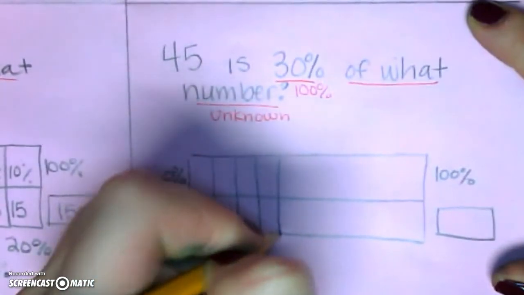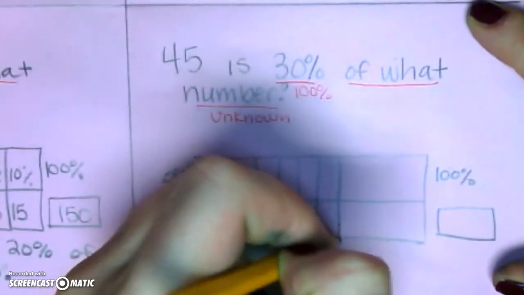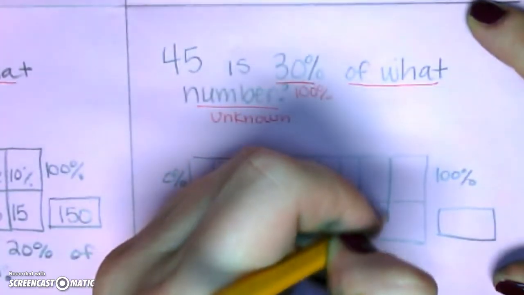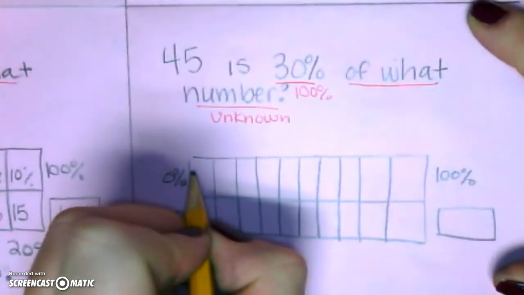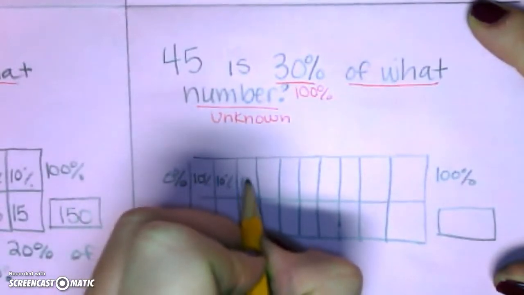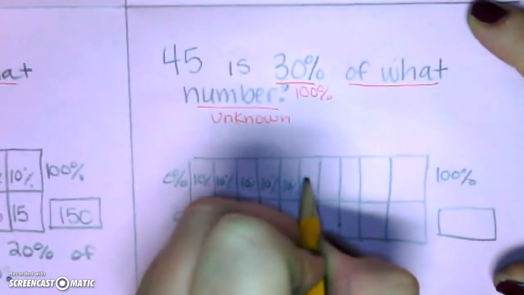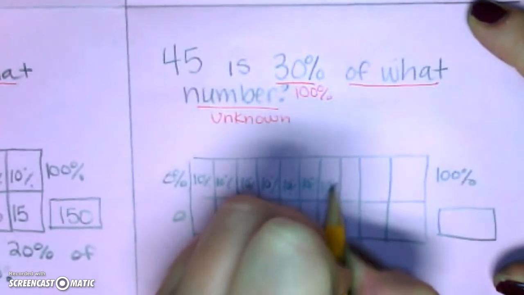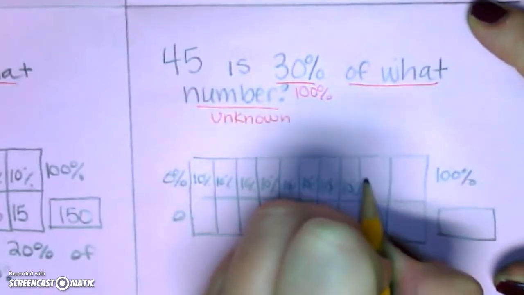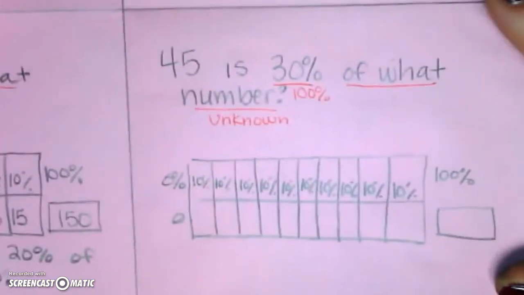Again, you could look at your model, 1, 2, 3, 4, 5, 6, 7, 8, 9, and 10. So each one of these pieces represents 10%, 20%, 30, 40, 50%, 60%, 70%, 80%, 90%, and 100.